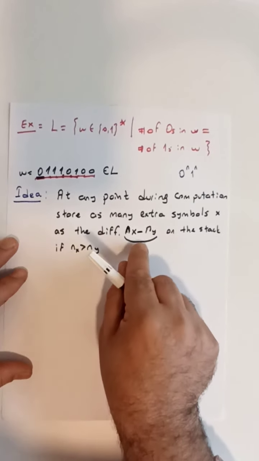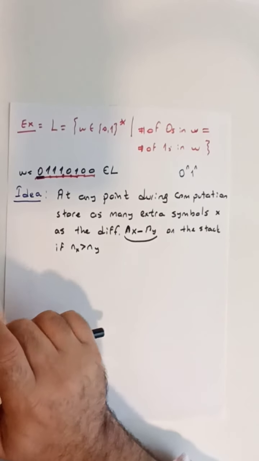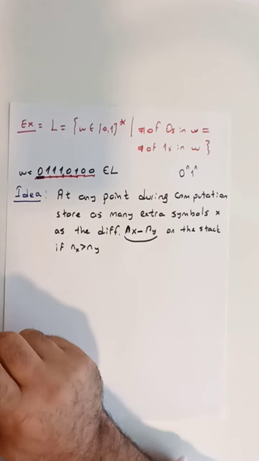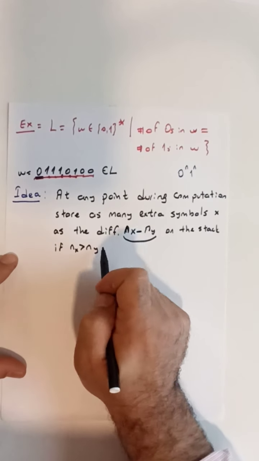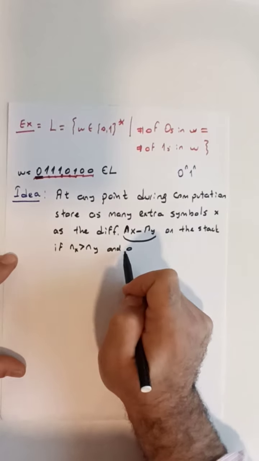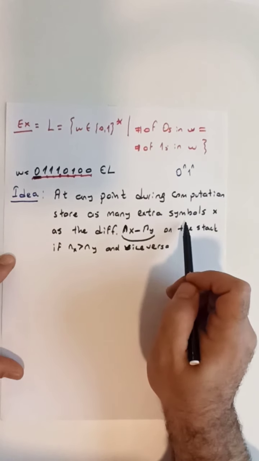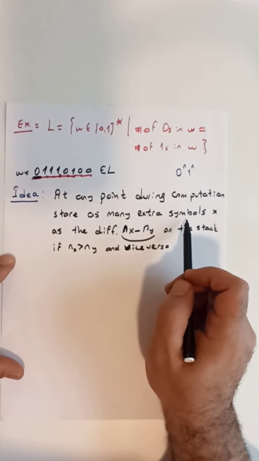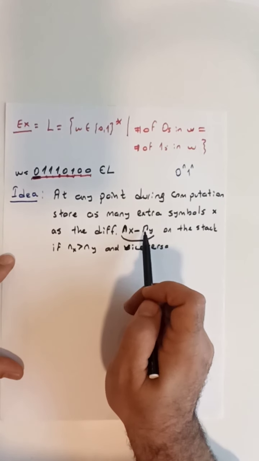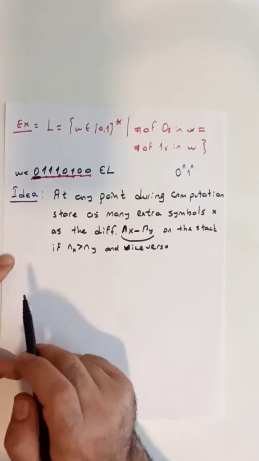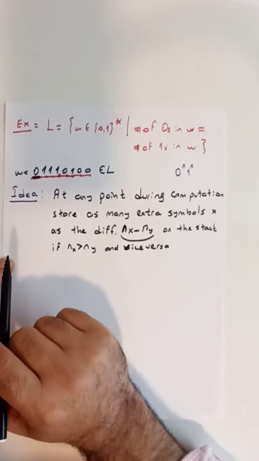And also we will be able to check whether this difference is 0 or not, meaning that the number of zeros and ones that we have seen so far is equal, by simply checking whether the stack is empty or not. So we will do this if nx is greater than ny, and vice versa: if we have extra y's as compared to the symbols x, then we will keep ny minus nx many symbols y on the stack, where x and y basically stand for the symbols that we have in our alphabet, zeros and ones.